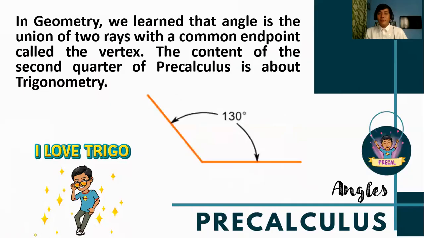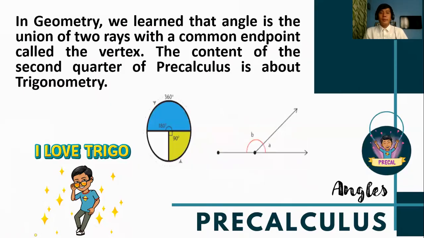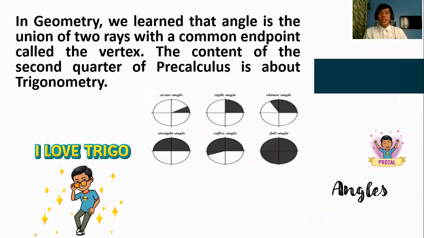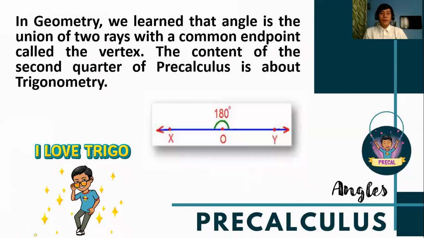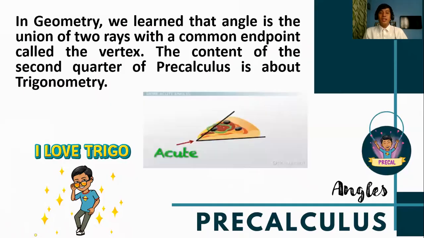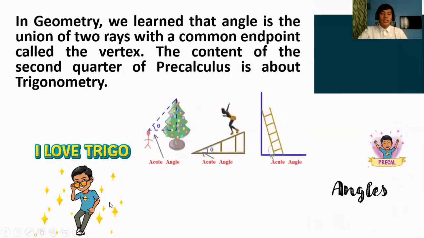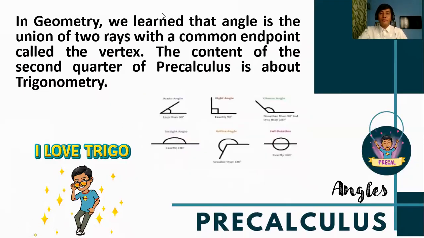So that is how we define the angle in geometry. But in trigonometry, we will have a different perspective of how you should understand angle in pre-calculus. So what is an angle in trigonometry? Because we already have defined an angle in geometry.